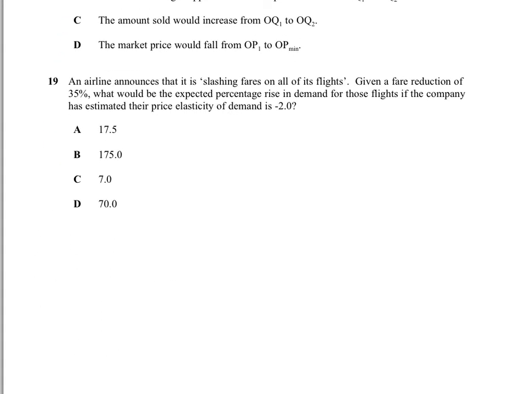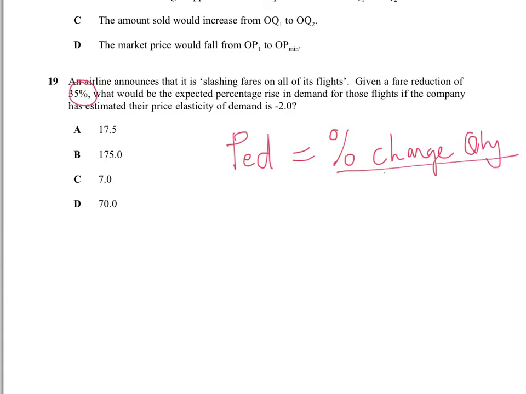So the answer has to be A. Number 19. We have another calculation question. The airline is going to slash all its fares. Given a fare reduction of 35%, what would be the expected percentage change in demand if elasticity is -2? Start with our formula. They've given us percentages, so that means we must use the percentage formula. Percentage change in quantity demanded divided by percentage change in price.